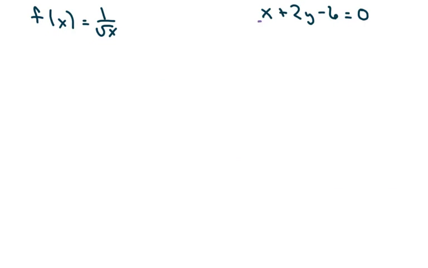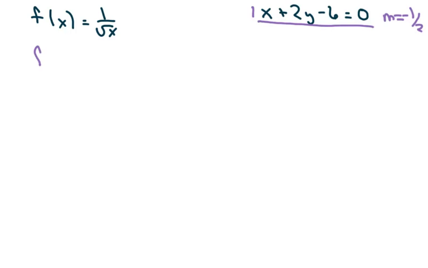The first thing we have to do is find the slope of this line. It's just going to be negative 1/2, negative a over b. Then I'm going to take the derivative of this function.